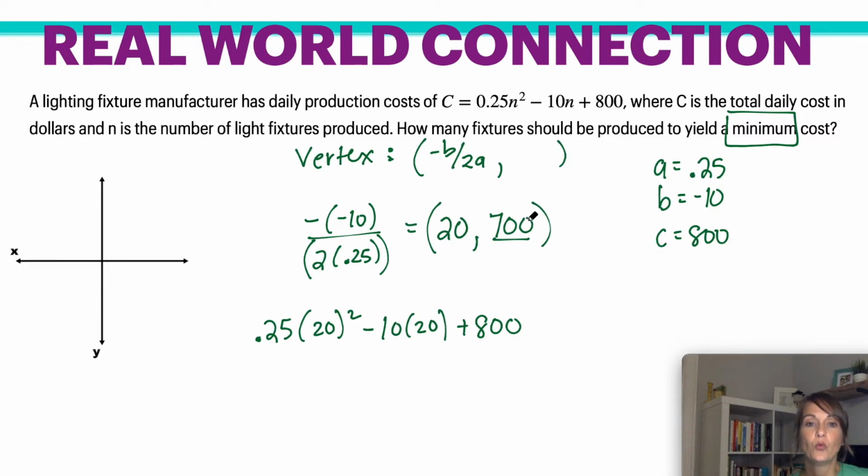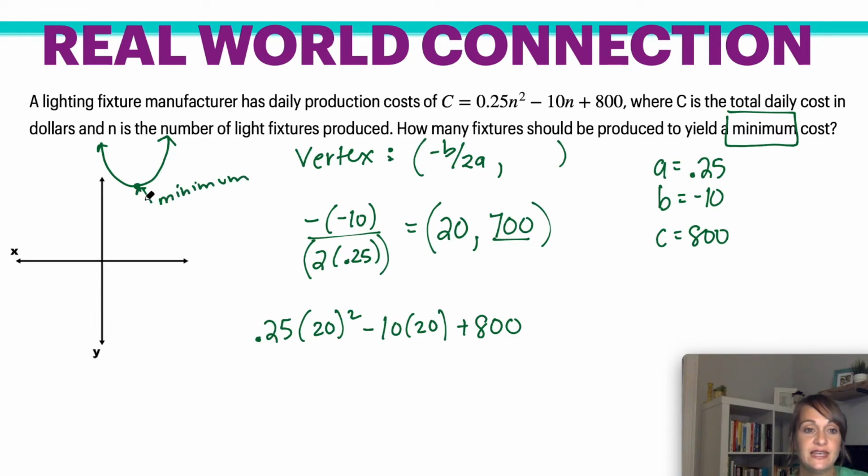Now, what does that mean? Well, we know that the vertex is 20, 700, which means you would go over 20 and up 700. And a is positive, which means it goes up, which means that is going to be our minimum.